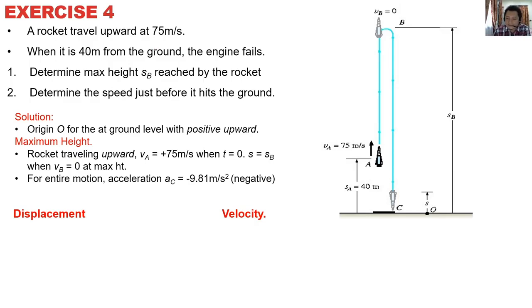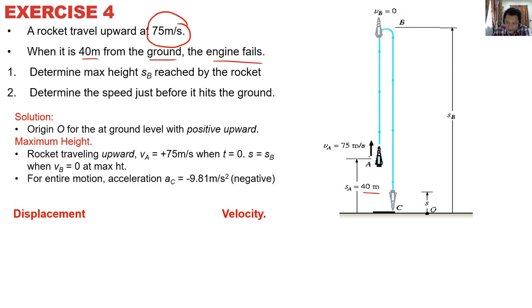This is a rocket. This rocket is traveling at 75 meters per second going up. It starts from here, 0, and flies away 40 meters. When it is 40 meters from the ground, the engine fails.